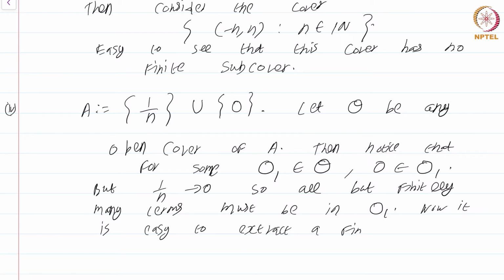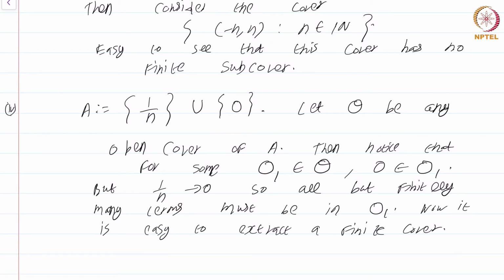I just choose various elements from this cover O that contain the first few elements of the sequence. Beyond these first few terms, all the terms of the sequence have to belong to this set O_1, just because 1/n converges to 0.